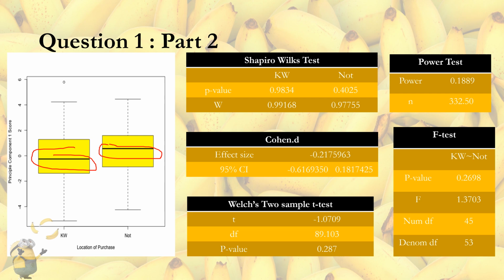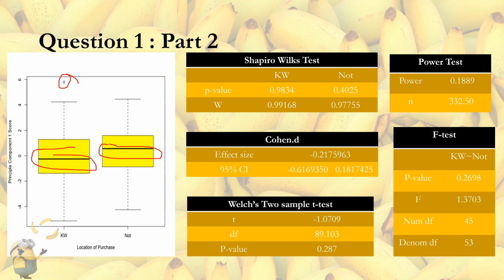The box itself represents the interquartile range, and the whiskers extend to the minimum and maximum values that are not outliers. The outliers are defined as any values that fall 1.5 times outside the interquartile range and are denoted by a circle. So now I'm going to discuss the different tests that I used to describe this box plot.